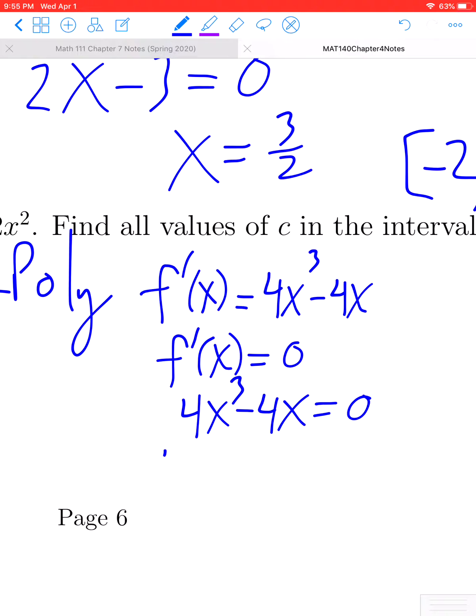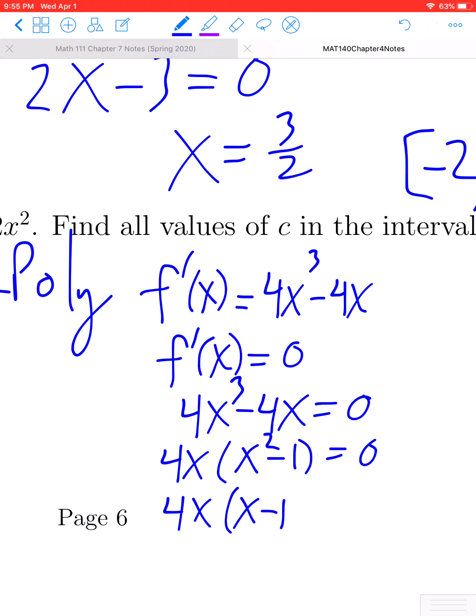Well, it's a polynomial equation. We can factor out a GCF, which is 4x. That'll leave us with x squared minus 1. And then this becomes a difference of squares. It factors as x minus 1 times x plus 1 equals 0.